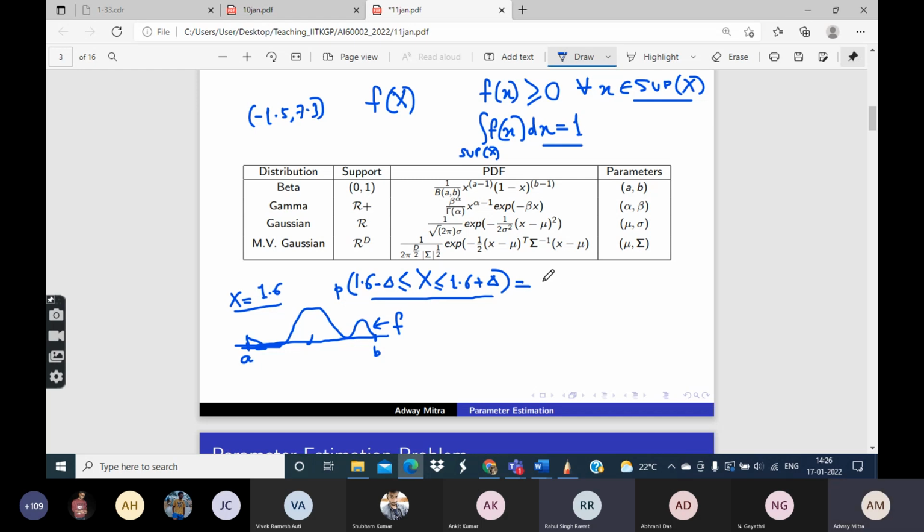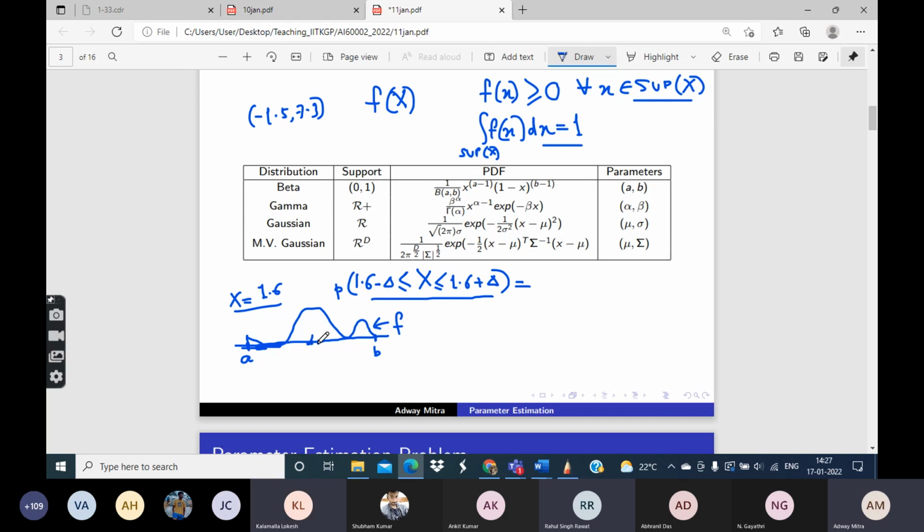Anyone wants to say? Yes, area under the curve. So what is the expression for that? The area under the curve, does it mean the area under the entire curve? No, between that interval, right?